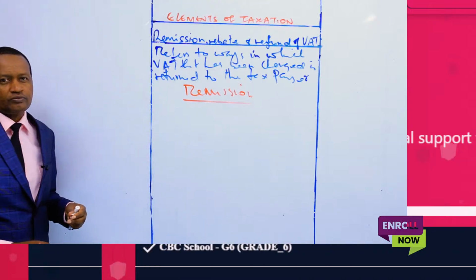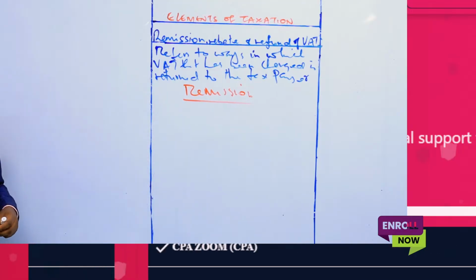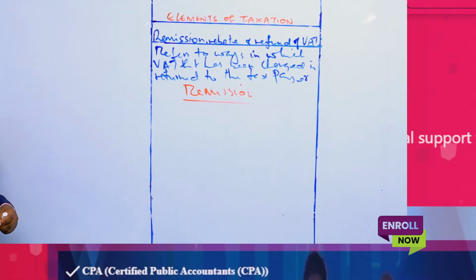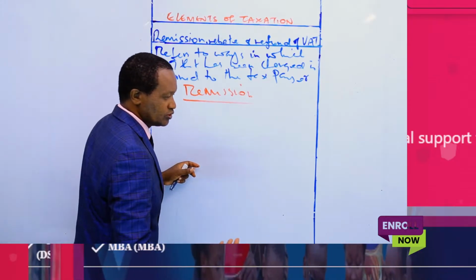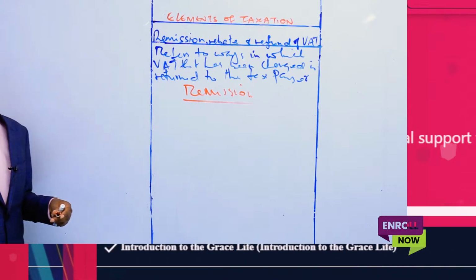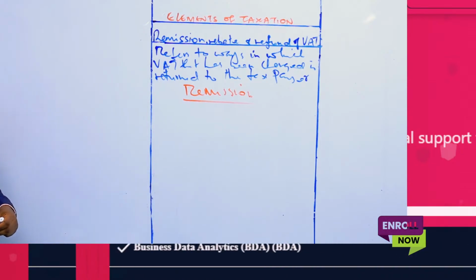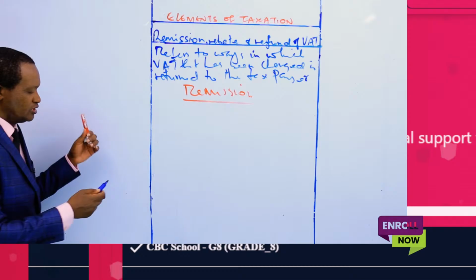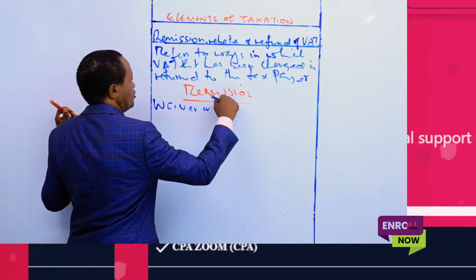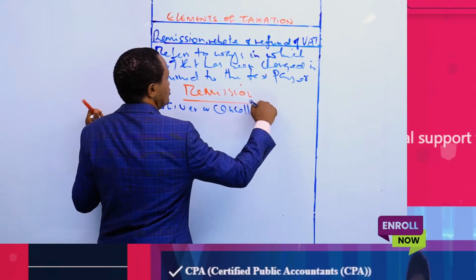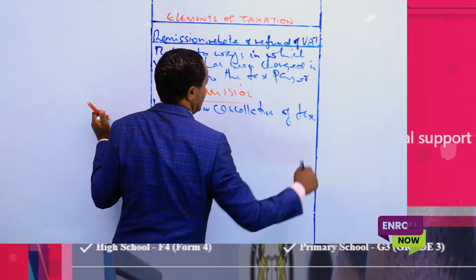Let's first define remission. Remission of VAT. Now, remission of tax means the waiver or cancellation of a tax liability.